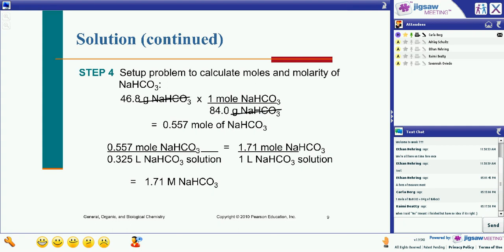Now we need to look back at our givens. And the next part of our given is that there were 325 milliliters, or 0.325 liters, of NaHCO3. So we are going to divide 0.557 by 0.325.